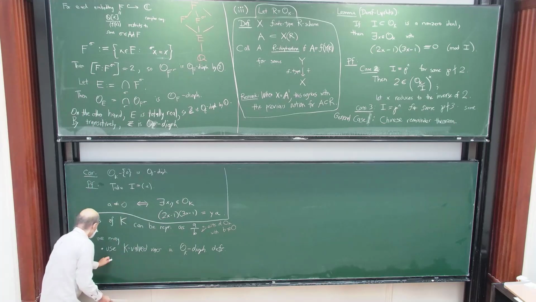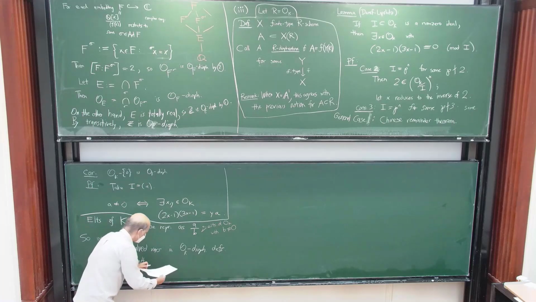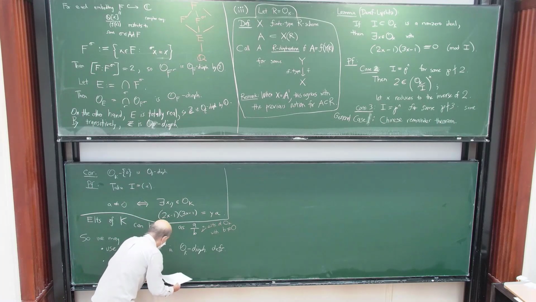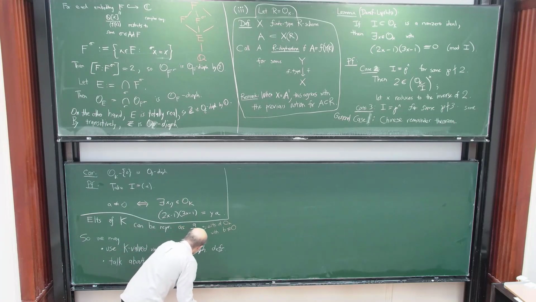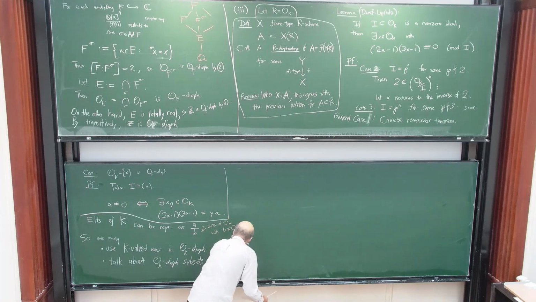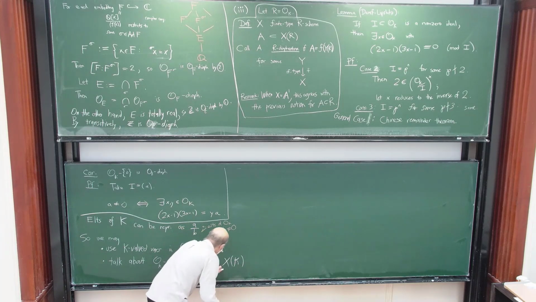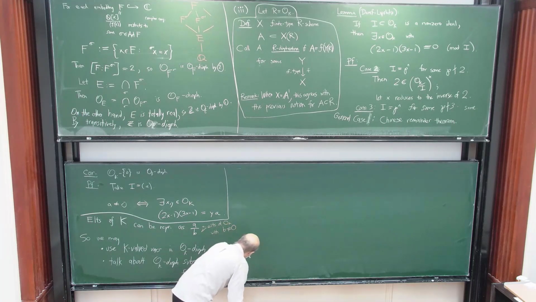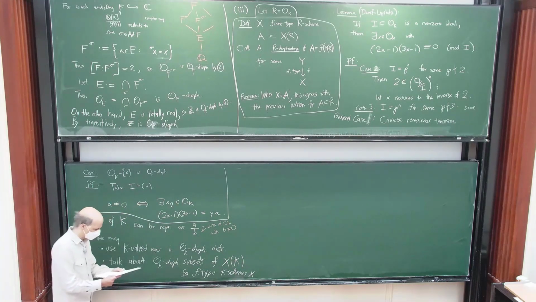And you can also talk about subsets of X of k. So you can talk about k-valued points for a finite type k scheme X, and you can encode those using OK valued variables and equations.